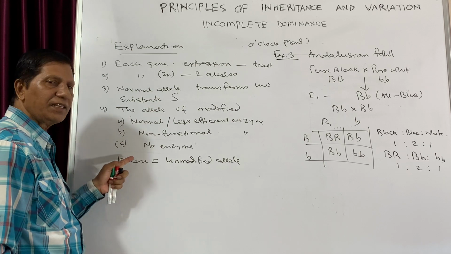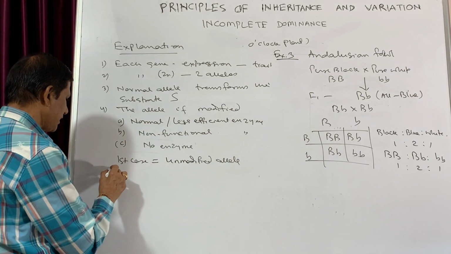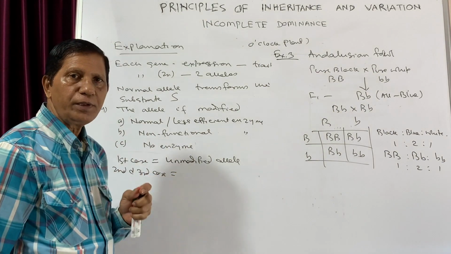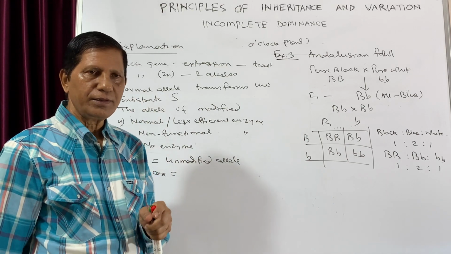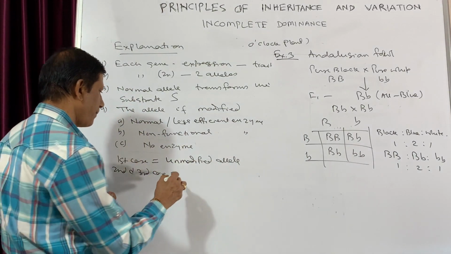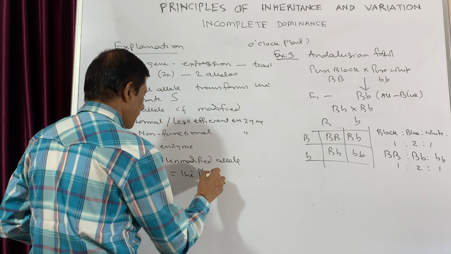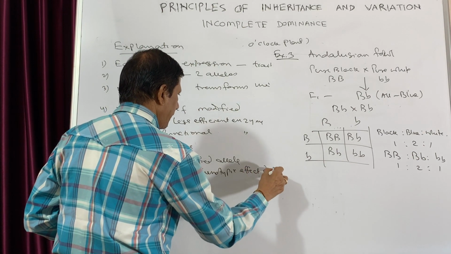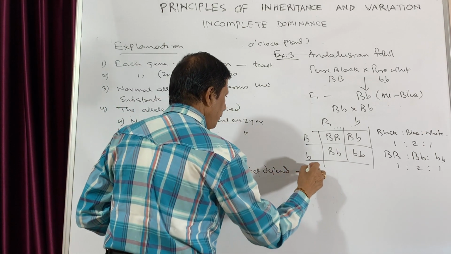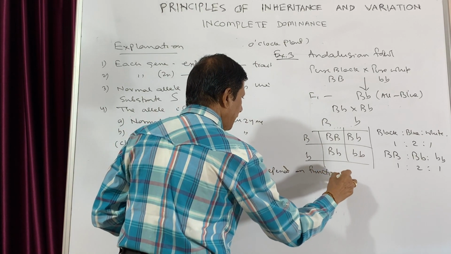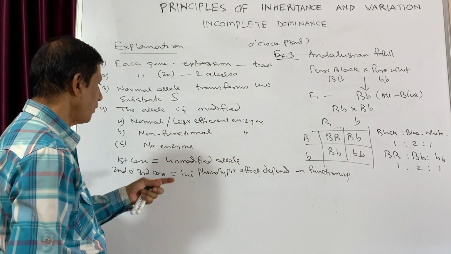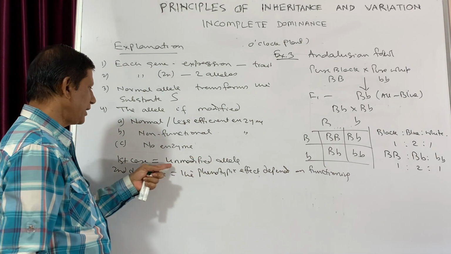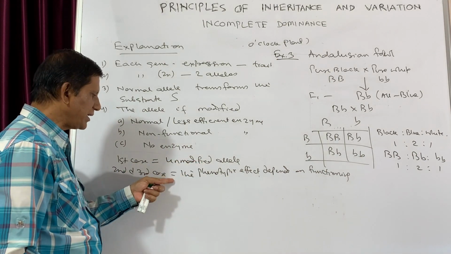But what about the second and third case? What will be the phenotype? That depends upon how these are functioning. The phenotypic effect depends on functioning. That means what type of product they are producing determines what type of phenotype will be expressed. So in the first case it is equivalent to the unmodified allele, while these are different.